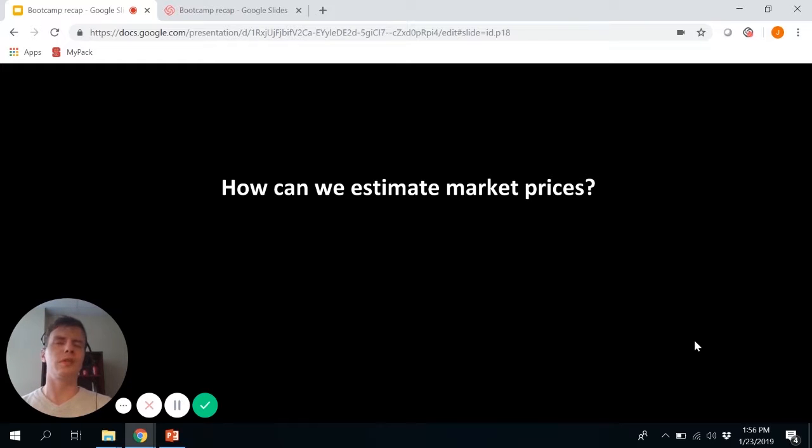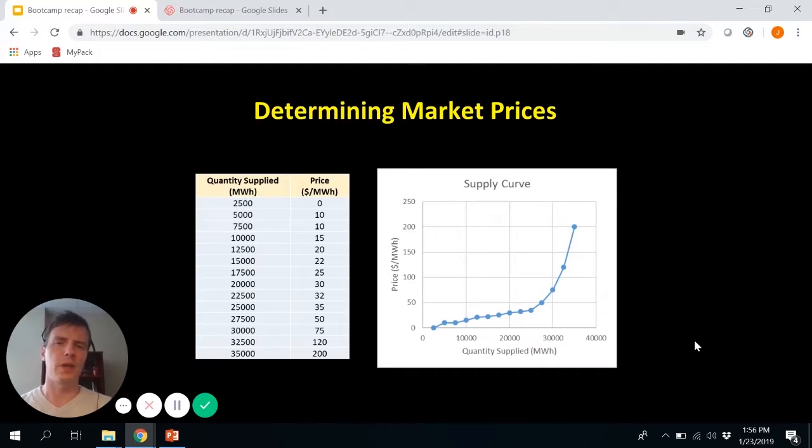We're going to assume that this coal plant is operating in a competitive market where the interactions of supply and demand are what determine market prices. And so we need to think back about what information we have that could help us determine what market prices are. We talked earlier in the lecture about the larger market environment, and that this competitive market for electricity has a system supply curve.